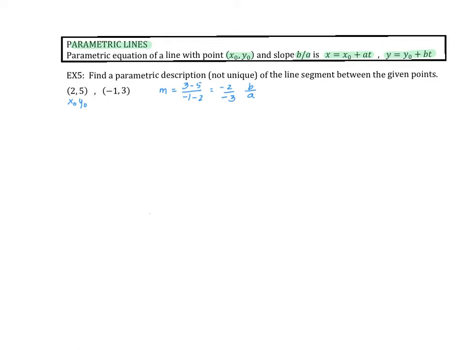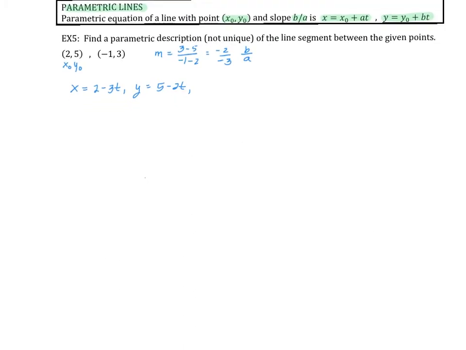If I let my b be negative 2 and my a equal negative 3, then my x value is going to be my x sub 0 of 2. It's going to be minus 3t. My y value is going to be 5 minus 2t. Well, what are my t values?